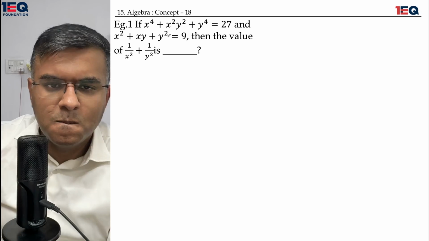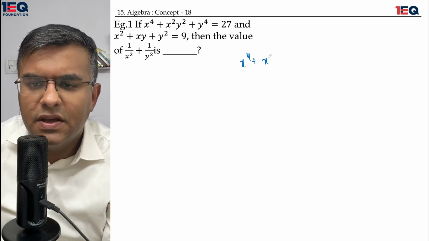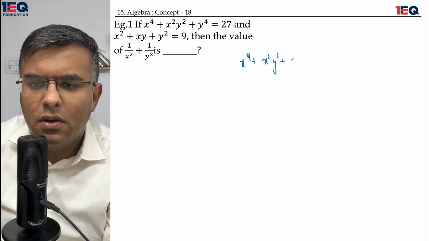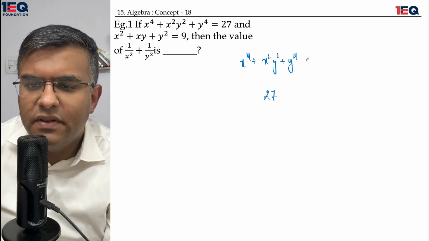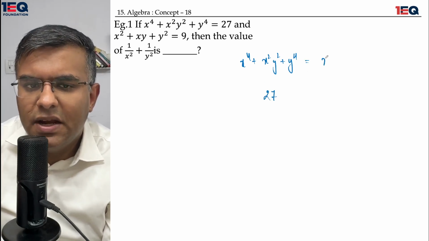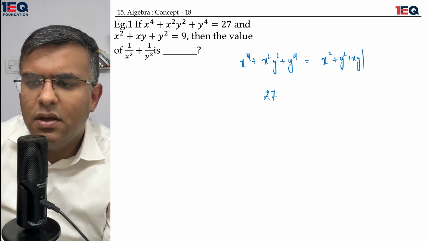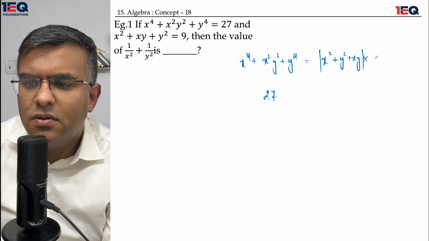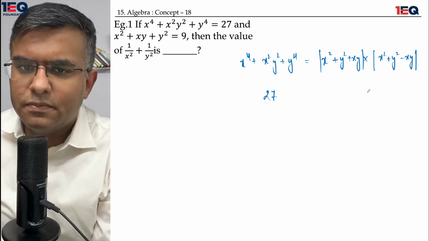If x4 plus x square y square plus y4 is equal to 27, this is basically made out of x square plus y square plus xy, multiplied by x square plus y square minus xy.